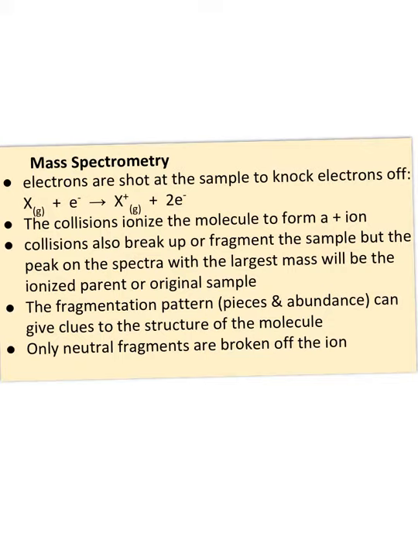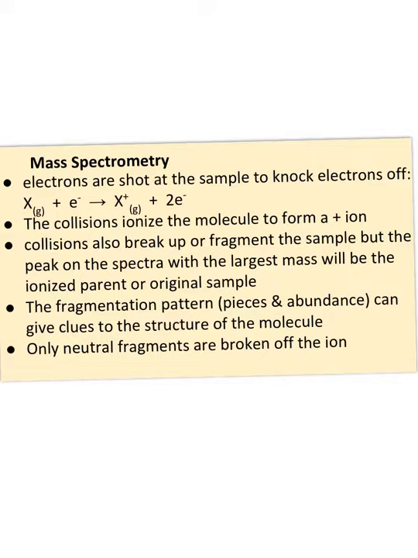In a very simple form, electrons are shot at the sample to knock electrons off. If X represents your molecule and you shoot electrons at it, eventually an electron gets knocked off, so you end up with 2 electrons for each electron shot, and you end up with this positive ion. The collisions ionize the molecule to form a positive ion, but they may also break up or fragment the sample.